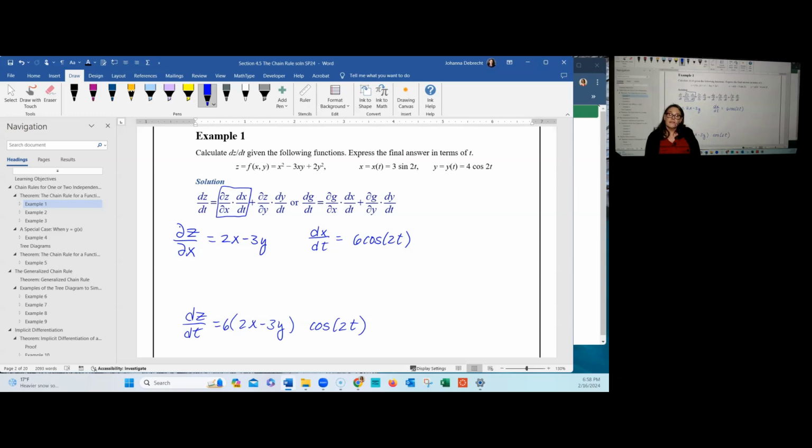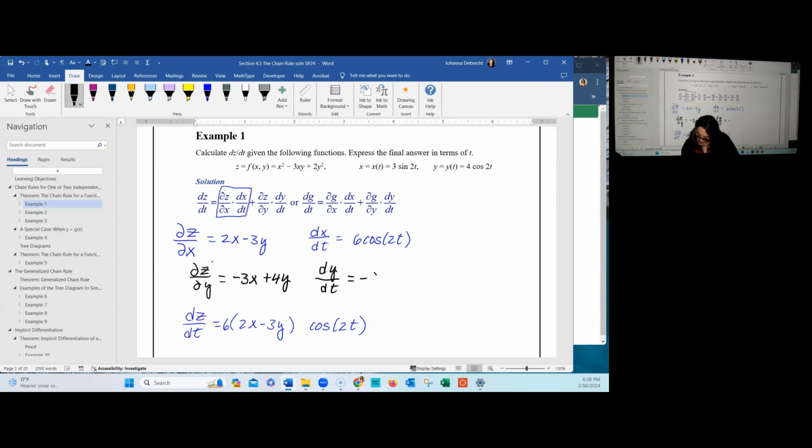Now let's go ahead and find out what the partial of z is with respect to y. When we look at the partial of z with respect to y, then we get the following. The partial of z with respect to y will be negative 3x plus 4y. Then we need to compute the first derivative of y with respect to t.